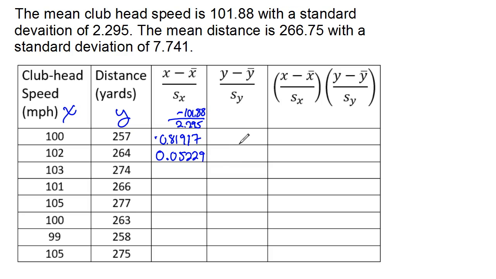And our correlation coefficient, we're going to round to 3 decimal places wherever we finish. So I'm going to continue filling in the table. I would suggest that you attempt to do some of these on your own and see if you're coming up with approximately the same numbers.